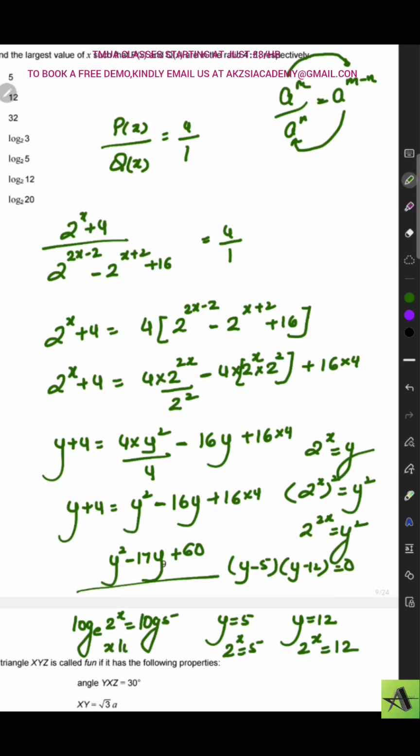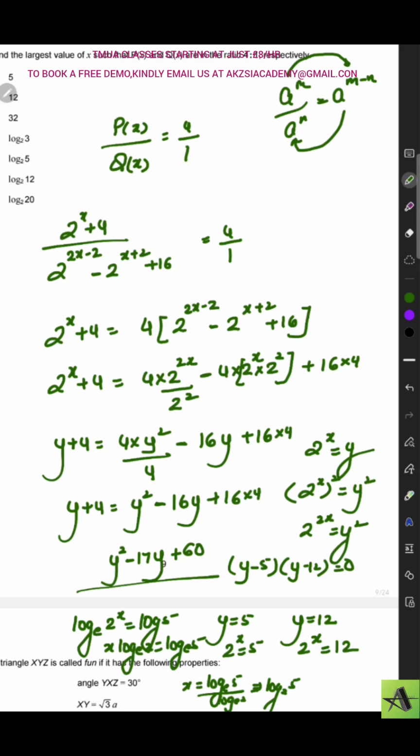So x log base e 2 equals log base e 5, or x equals log base e 5 over log base e 2, that is log base 2 of 5. This can be written, if you know the rules of log, this is how you can write.